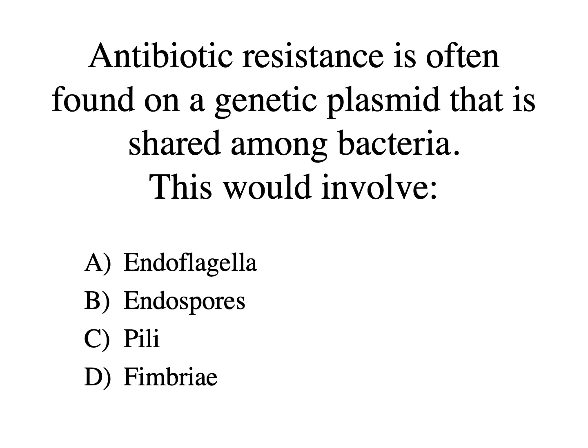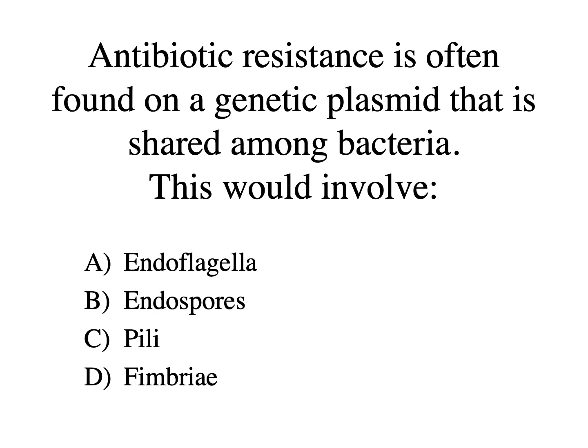Antibiotic resistance is often found on a genetic plasmid that is shared among bacteria. This would involve A, an endoflagella, B, endospores, C, pili, or D, fimbriae. The answer is C, pili.